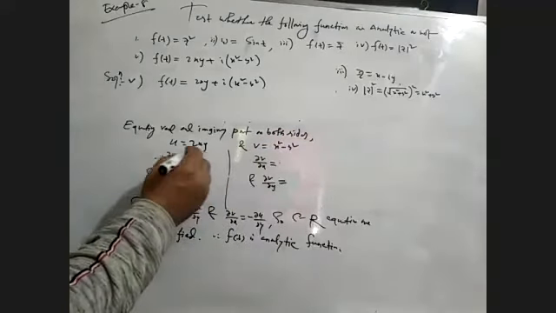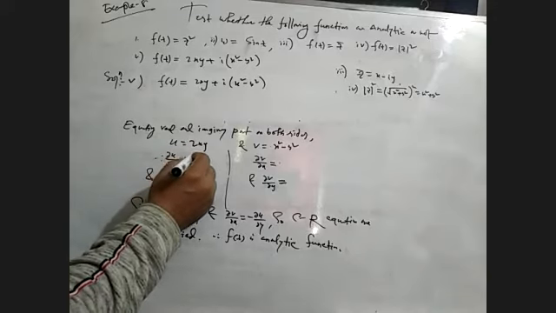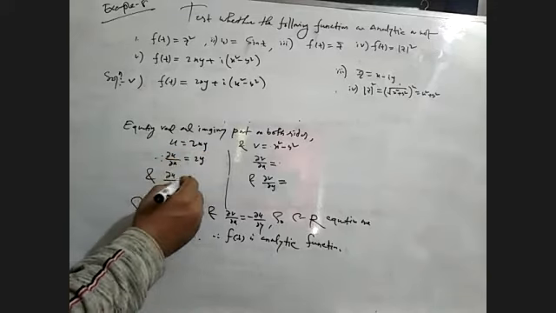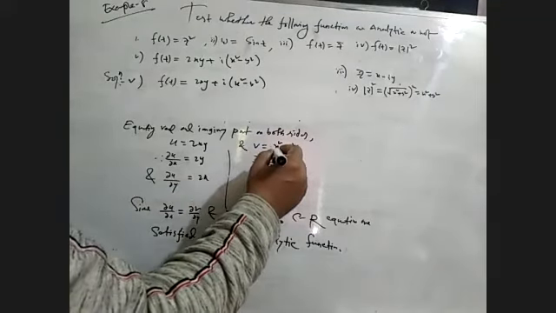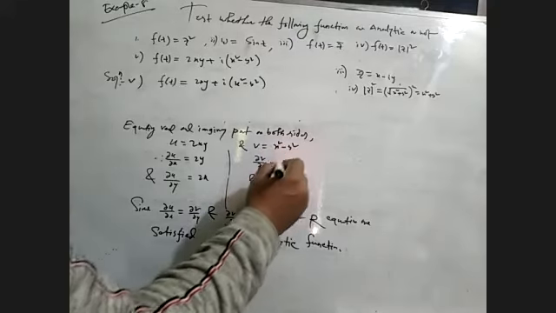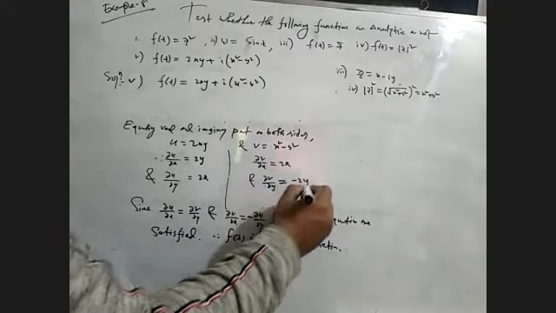Now the partial derivative of u with respect to y is 2x, and with respect to x is 2y. Now the partial derivative of v with respect to x is twice x, and the partial derivative of v with respect to y is minus twice y.